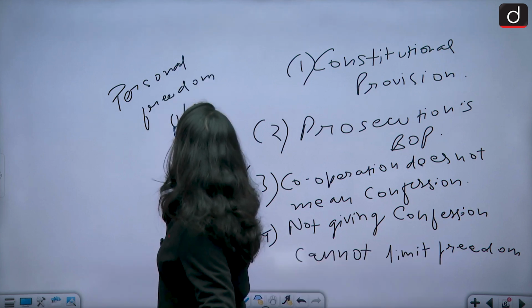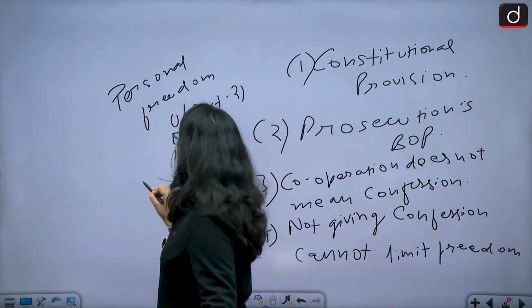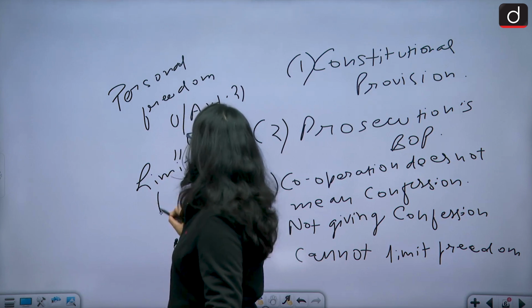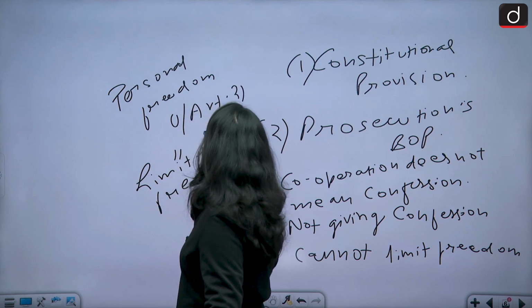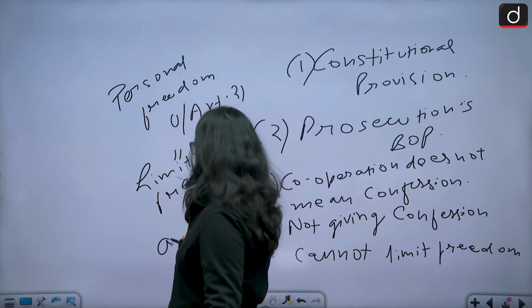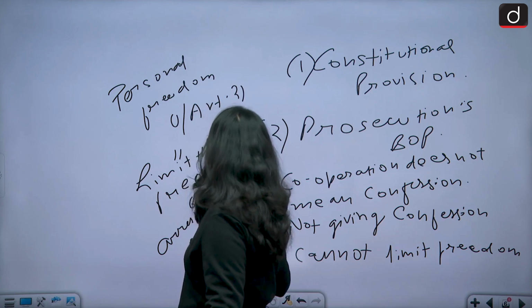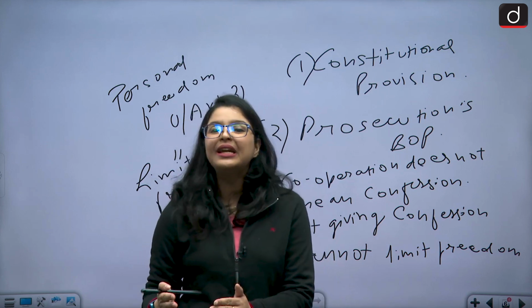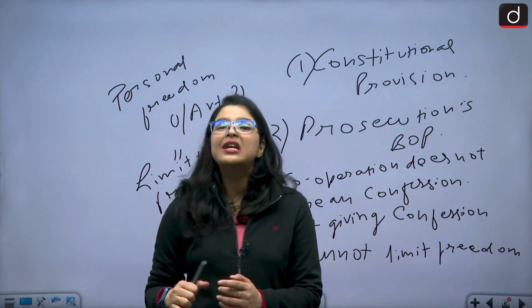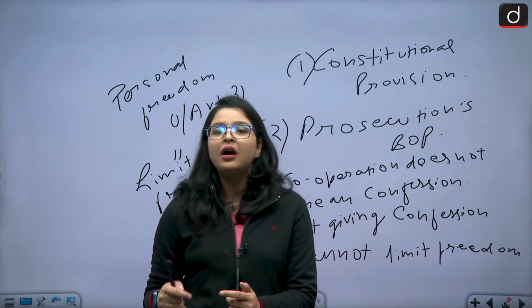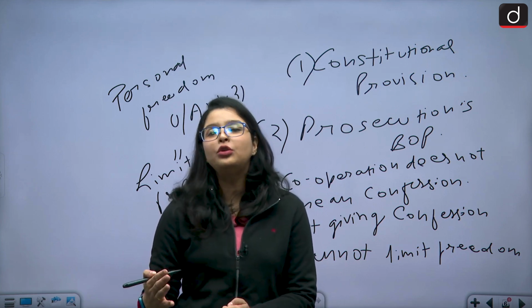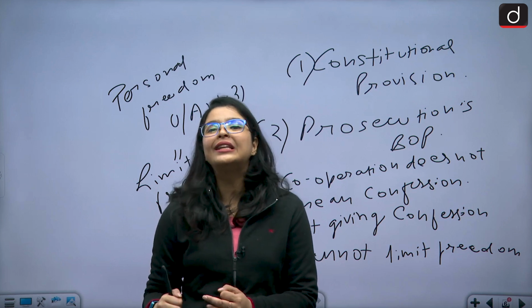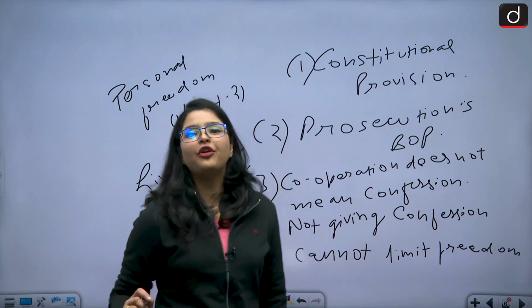Neither can you limit their freedom by arresting them. Until and unless there are incriminating evidences against the accused, just because they are not ready to confess or not ready to give in to the pressure, you cannot arrest them. You cannot limit their freedom. You cannot violate their personal liberty under Article 21 of the Indian Constitution.